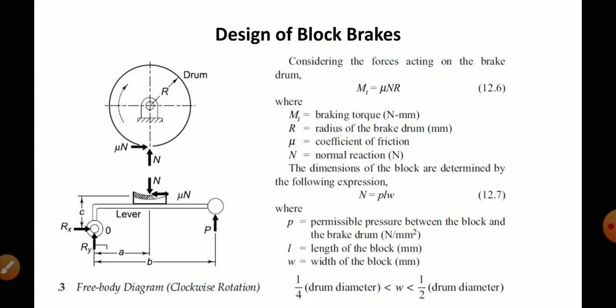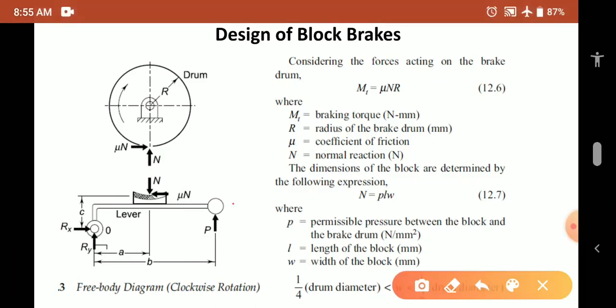Now here we will see the free body diagram of the forces. P is the effort, or the force that we are applying on this lever. Due to this applied force, the block comes in contact with the drum, and the block exerts a normal reaction on the drum. Similarly, the drum also exerts a normal reactive force N on the block, in the downward direction.